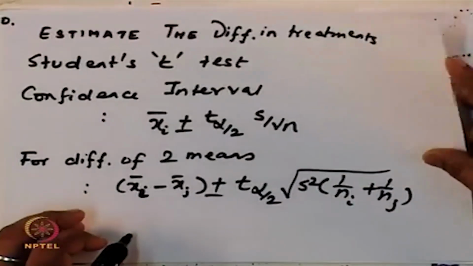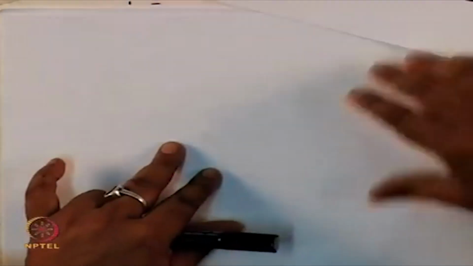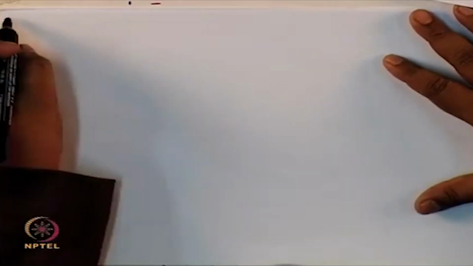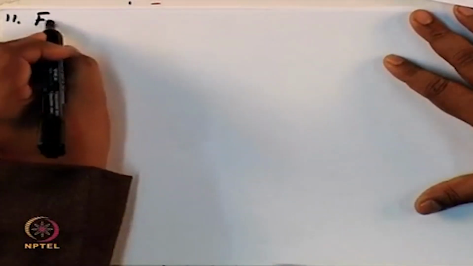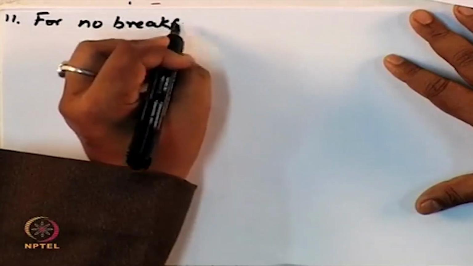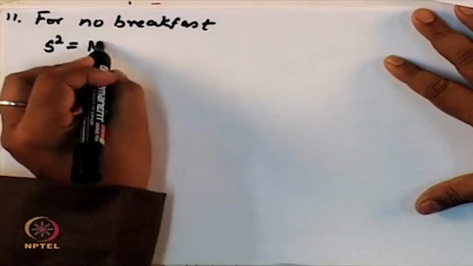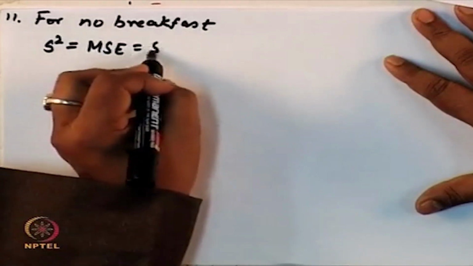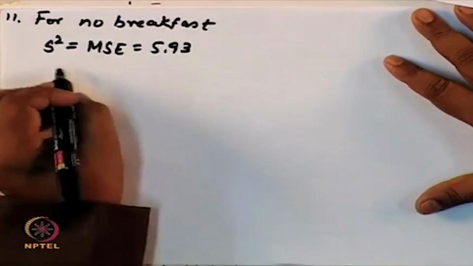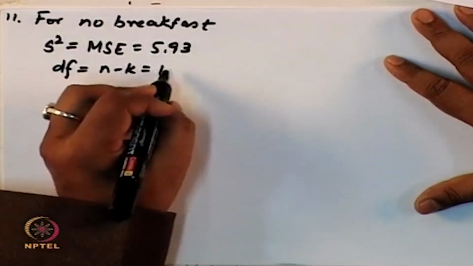So, for the previous case, let us say for no breakfast, you know the value of S square came out to be 5.93, and its DF was n minus k equal to 12.